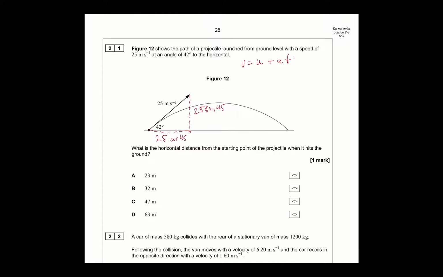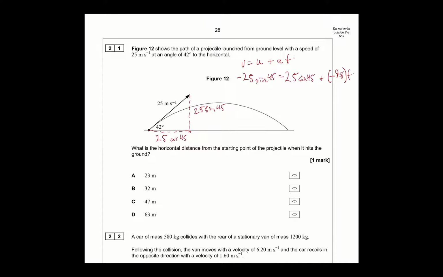Okay. V is negative 25 sine 45, and then our u is 25 sine 45, plus, this is important because I've defined down as negative, 9.8 times t.